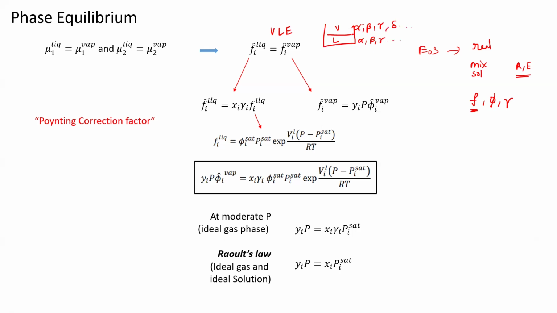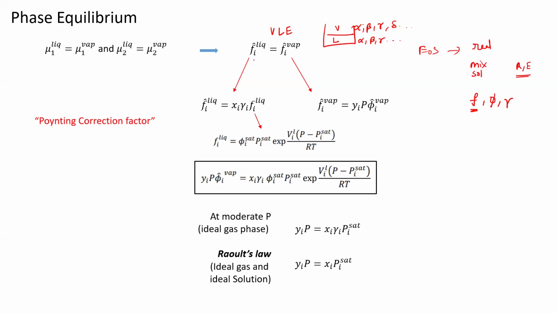Then the phases are in equilibrium when each species' fugacity in the liquid equals its fugacity in the vapor. So that is what we have done here.